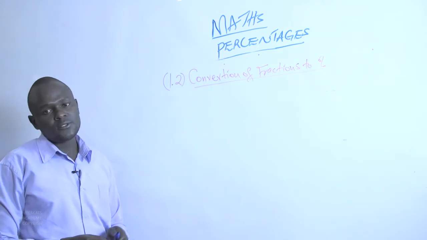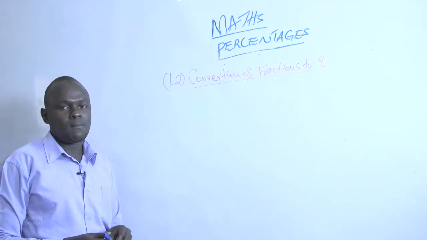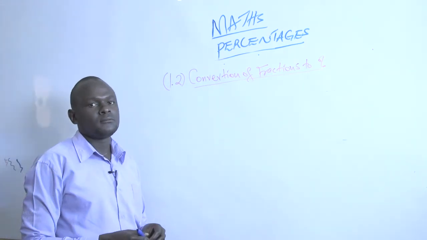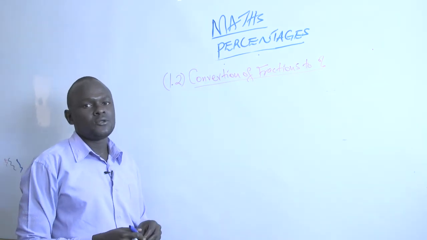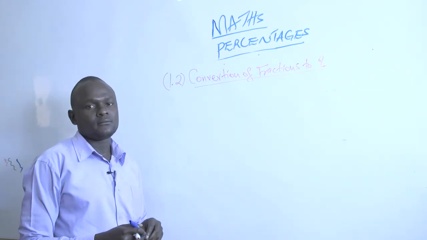To execute this, there are 2 methods available to us, and these methods depend on the type of denominator that we have.